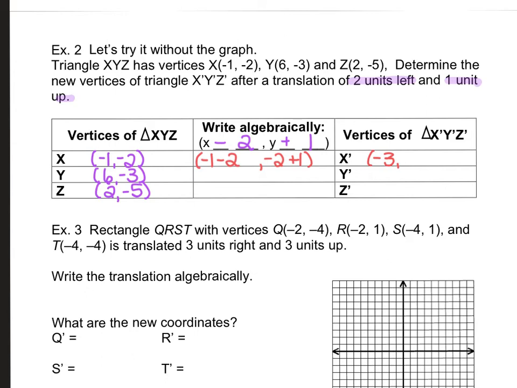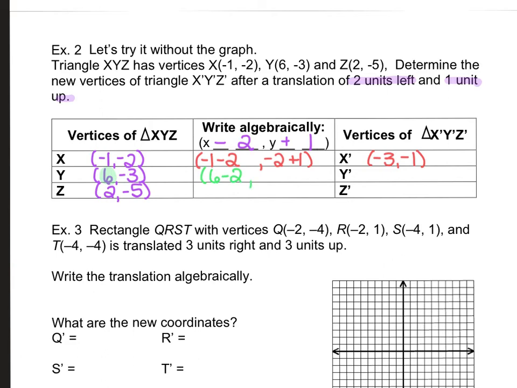Then we've got our y value. Original y was -2. We're going to add 1. It's going to be at -1. So that's my new point, and I didn't even have to move it over on a graph. So same thing with Y. So for Y, we've got a 6 for the x. So we're going to do 6 minus 2, and that'll give us our new x value.